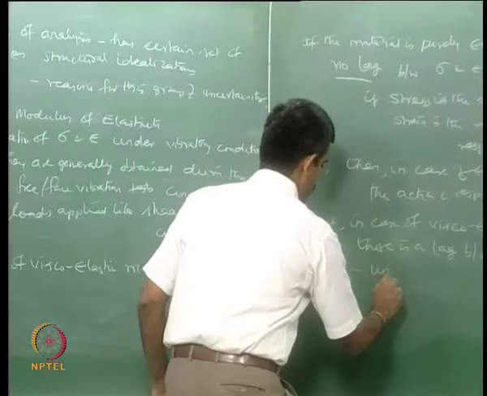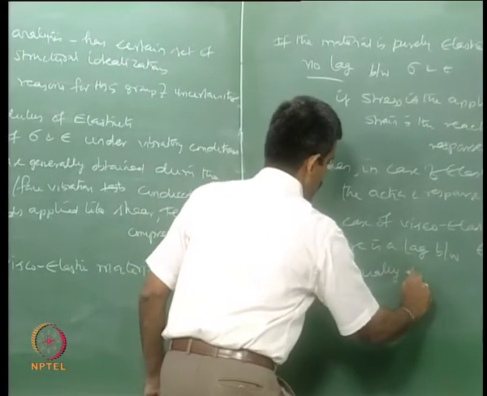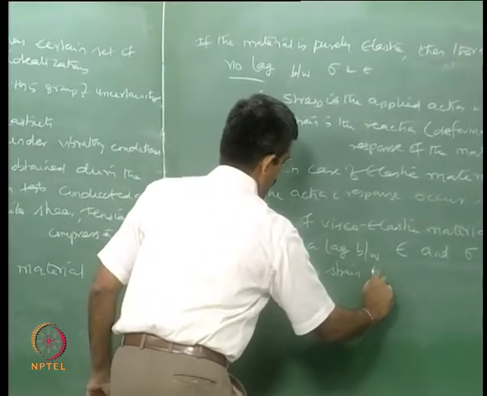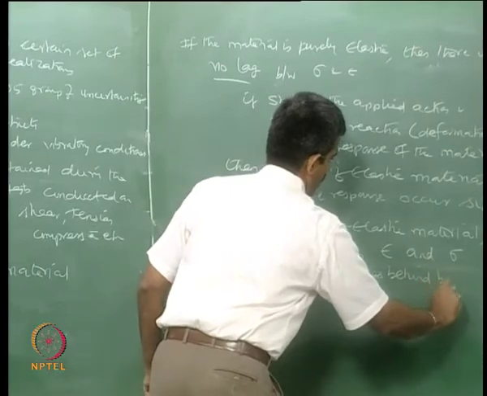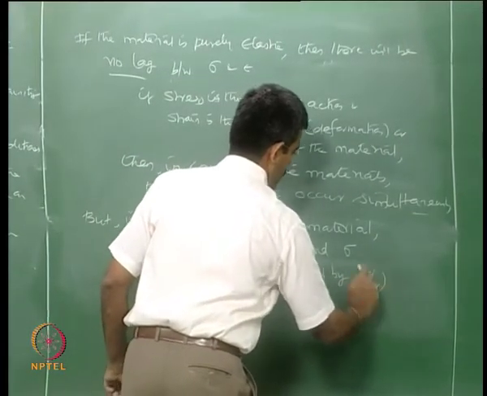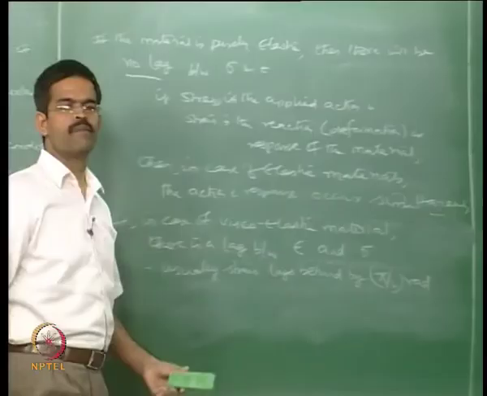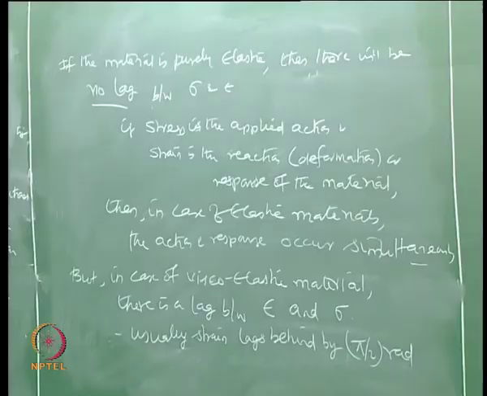Usually strain lags behind by pi/2 radians, so they are out of phase by 90 degrees.